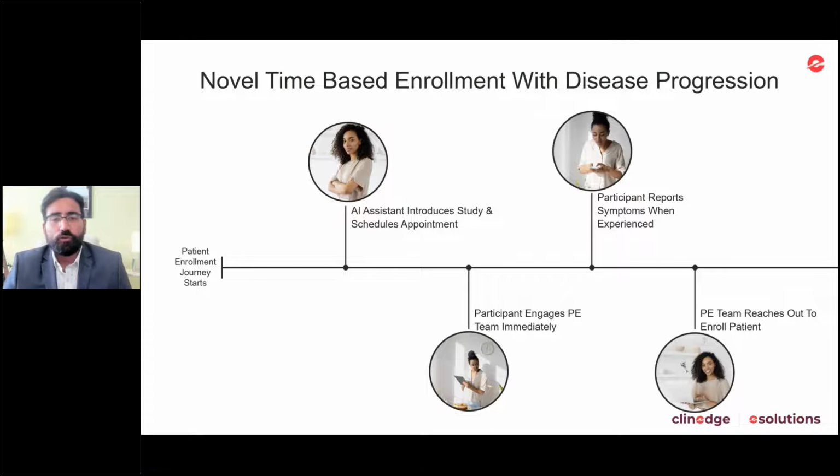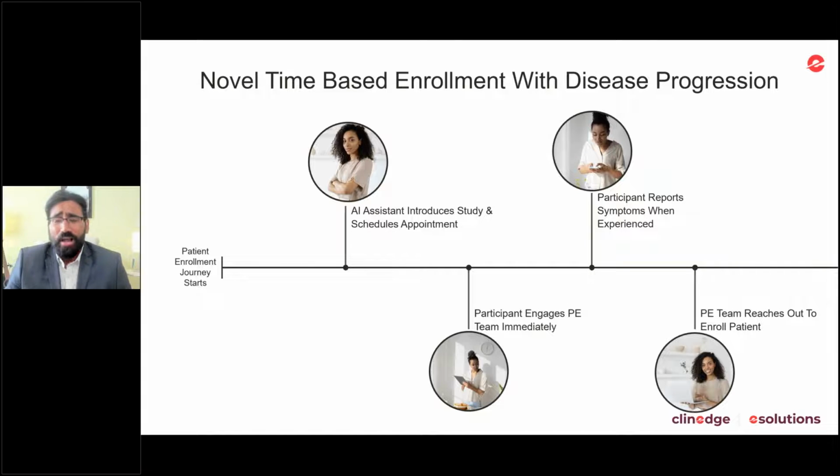This also allows you to create interesting disease-based or time-based enrollment, where an AI assistant can introduce the study, engage the participant, and allow a connection point for a patient engagement team to engage with them immediately. Allow the participants to express a disease progression or a new change in environmental circumstances.